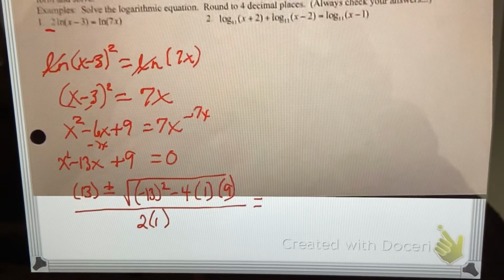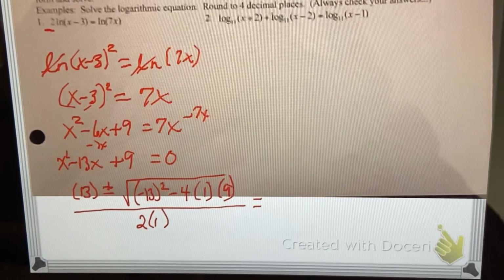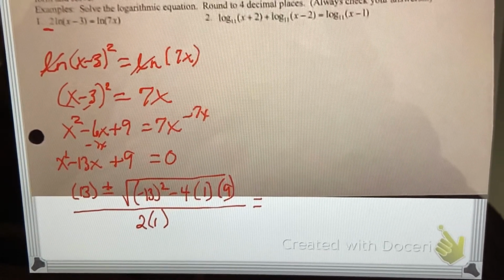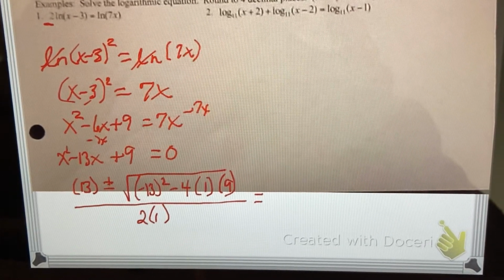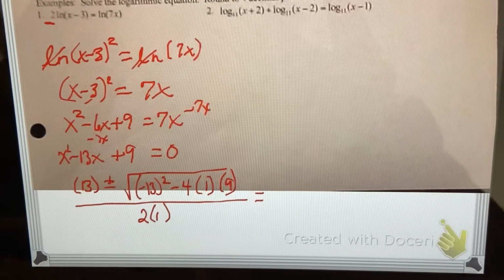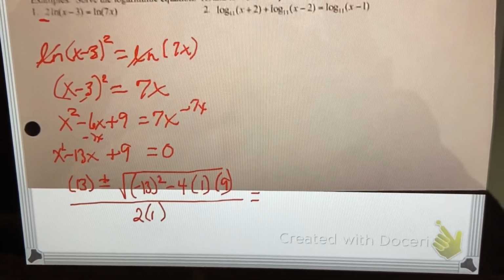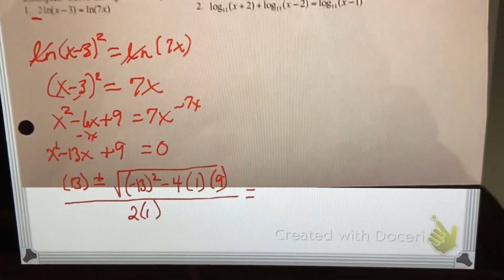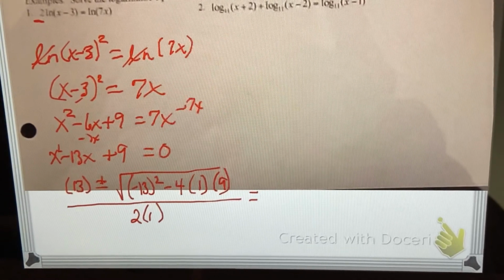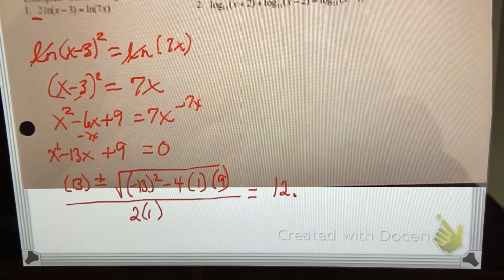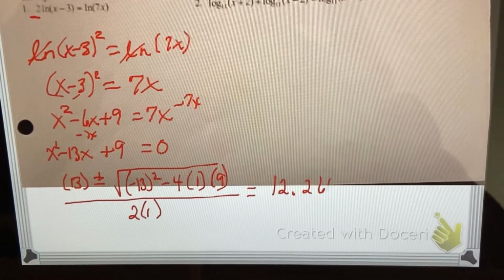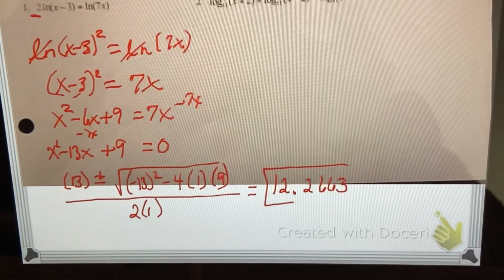So at this point in the game, it says round it to 4 decimal places. You do not have to do an exact expression on these. They just want 4 decimal places. So looking at what this will give me in my calculator, just saving a little bit of time, I'm going to end up with 12.2663.